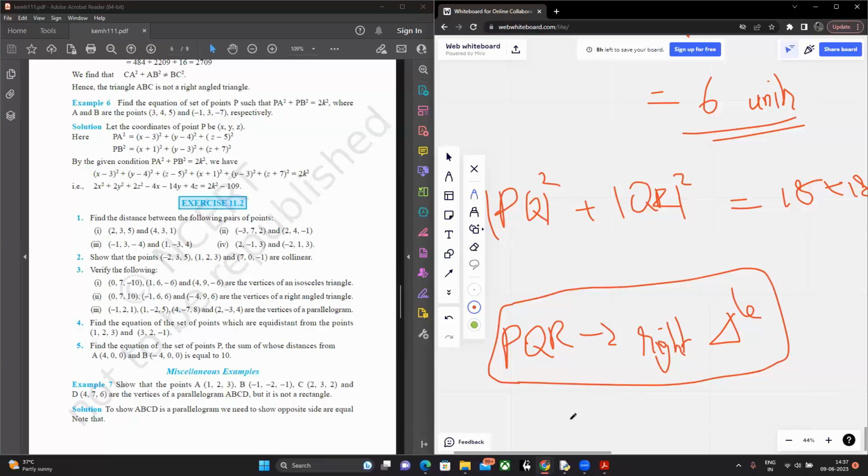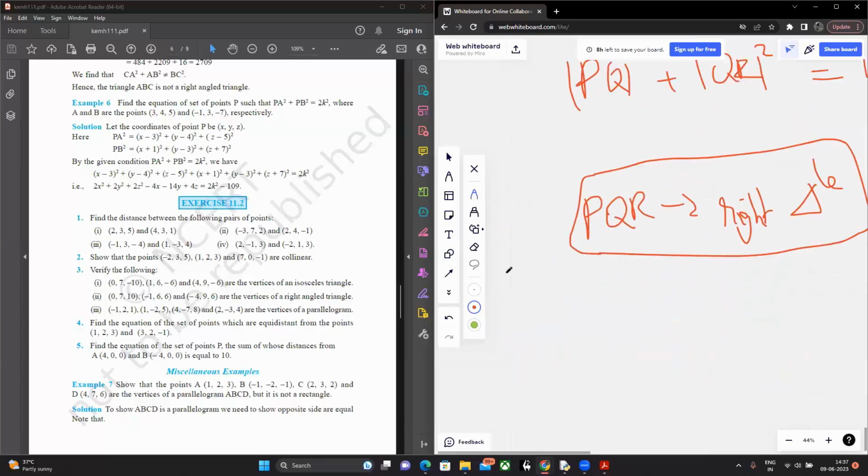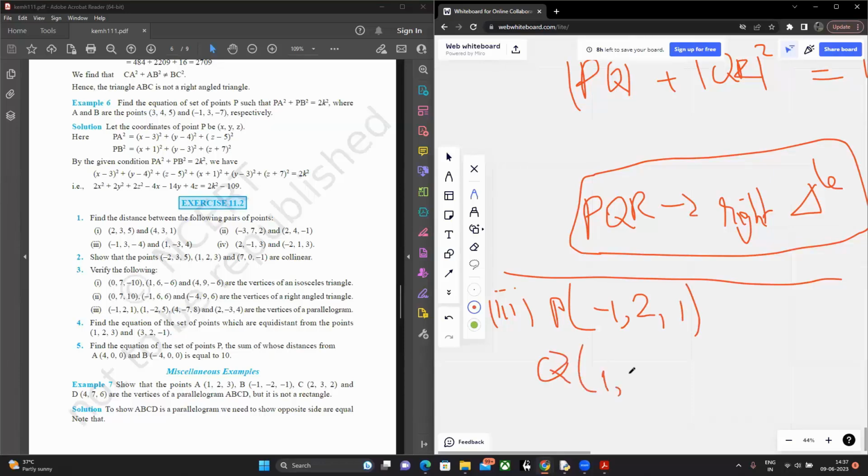Correct. Now going to question number 3, subpart 3, which states that you have 3 points: P of minus 1, 2, 1. Then you have Q of 1, minus 2, 5.